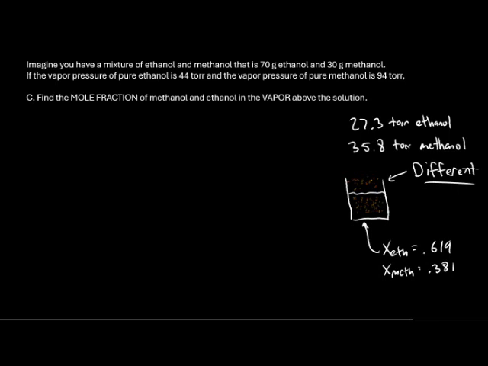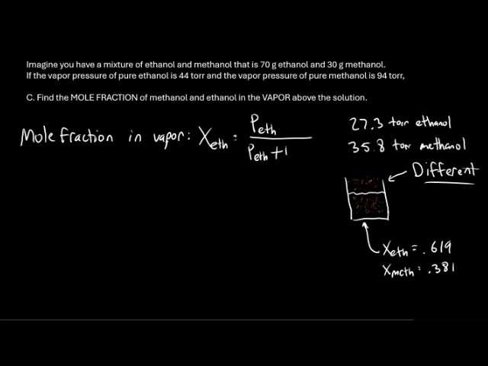The mole fraction in the vapor is as follows. To find the mole fraction of ethanol, we'll say pressure of ethanol on top divided by the pressure of ethanol plus the pressure of methanol. So this time we will not be using the number of moles from the liquid part. We will now be using the pressures from the vapor part.